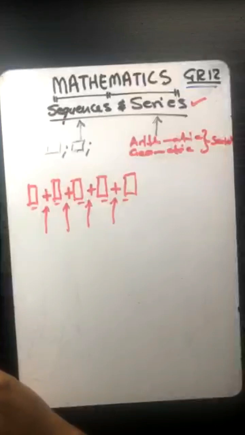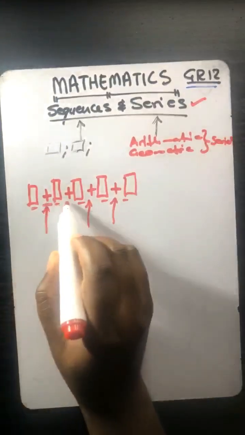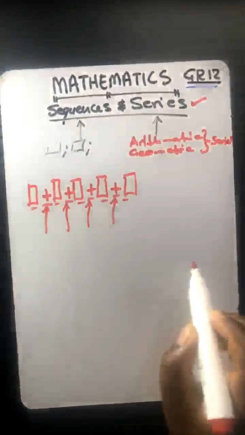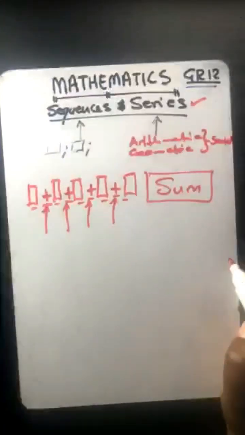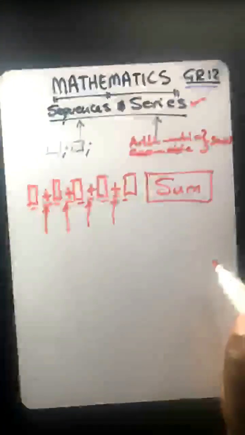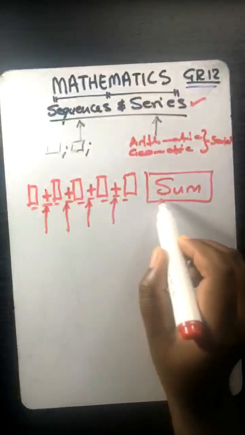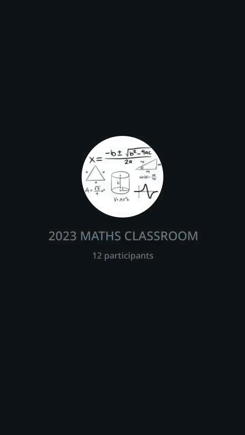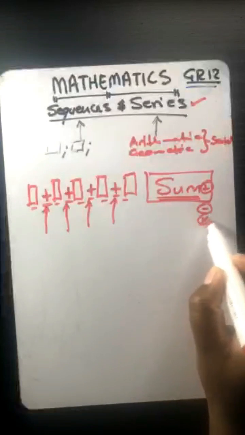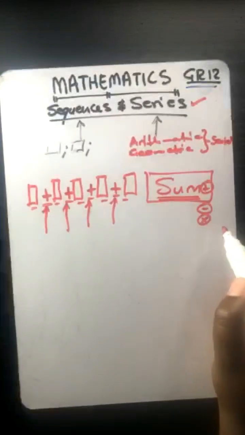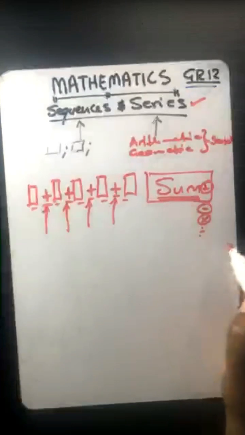Since we are talking about terms being added, that's where the word "sum" comes in as far as this part of the chapter is concerned. The moment you hear the word sum, you know we are talking about a plus sign. The difference is a minus sign, the product is multiplication, and the quotient is division.